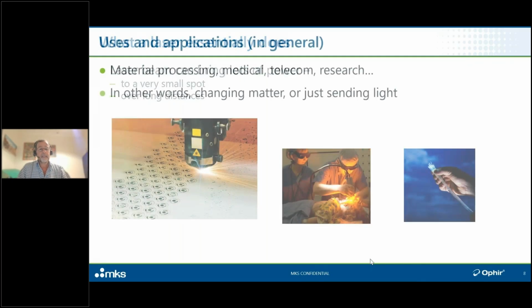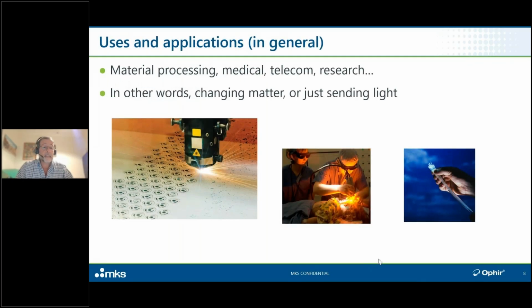Now, as opposed to the magnifying glass in sunlight, let's think of more modern examples. So you see some examples of modern, let's say, industrial material processing applications, medical applications, laser-based surgery or imaging, telecom, research. In other words, we can use the power that's being delivered in a laser beam. We're going to explain what power means in a second, to change matter, by which I mean modifying the matter: cutting, burning, zapping, vaporizing.